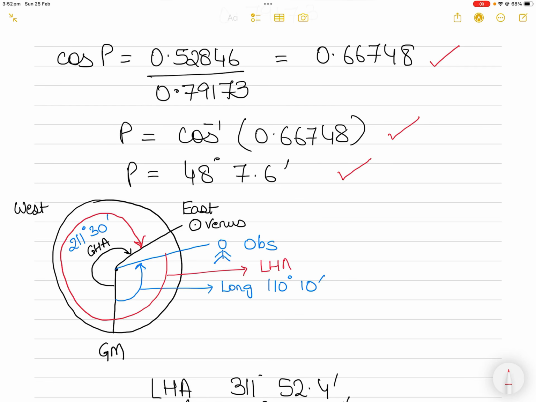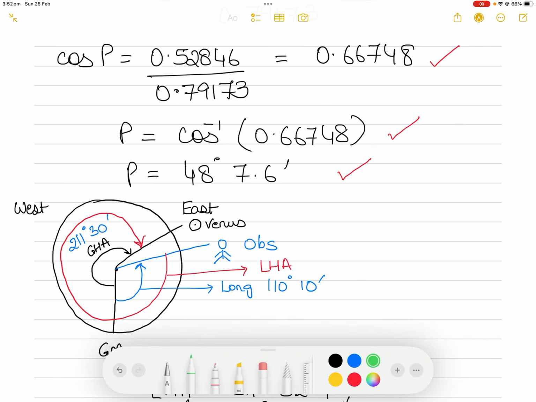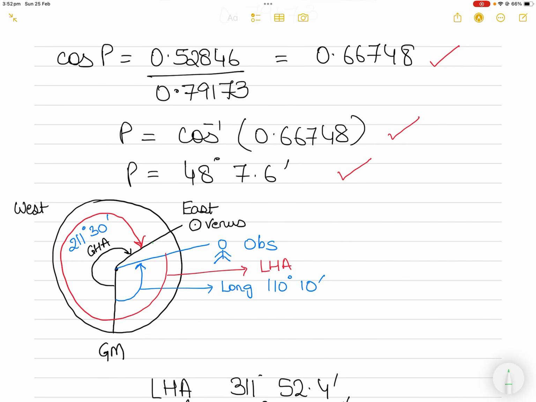Now, in this case, can LHA be equal to P? P is only 48 degrees, whereas the LHA here you can easily see is more than 300 degrees. You can measure it out by approximation, and you can work it out yourself, because we know the values here: GHA is 211 degrees 30 minutes and longitude is 110 degrees 10 minutes.